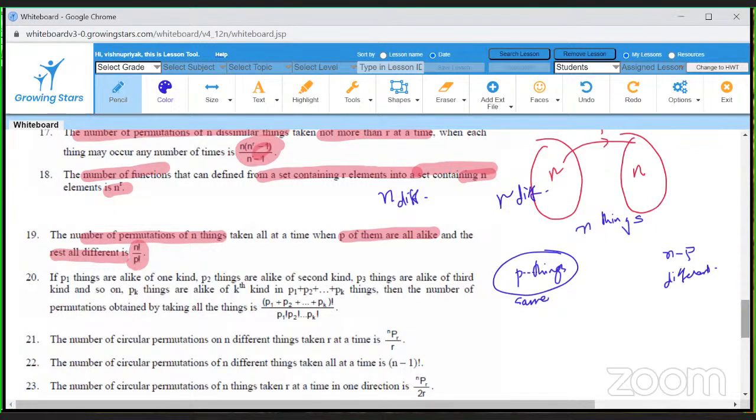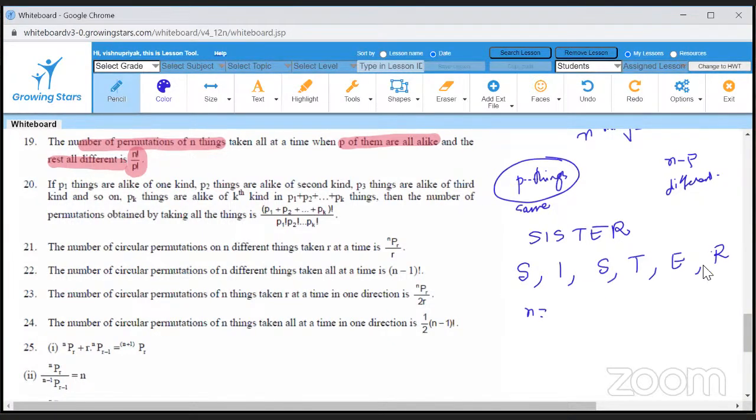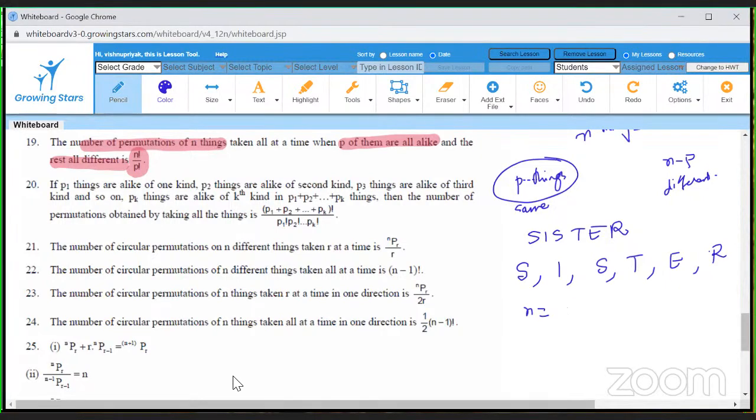Suppose I give you one example for this. I will give you a word, and that word is sister. In sister, there are the alphabets S, I, S, T, E, R. So in total, how many letters are there? 6 letters.